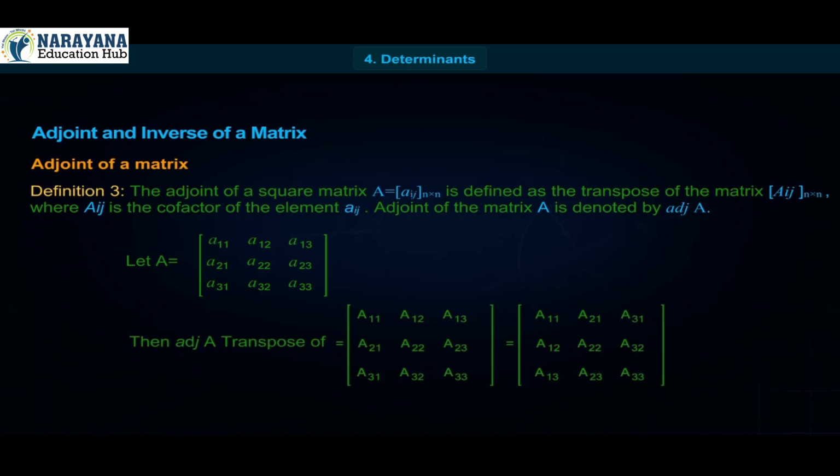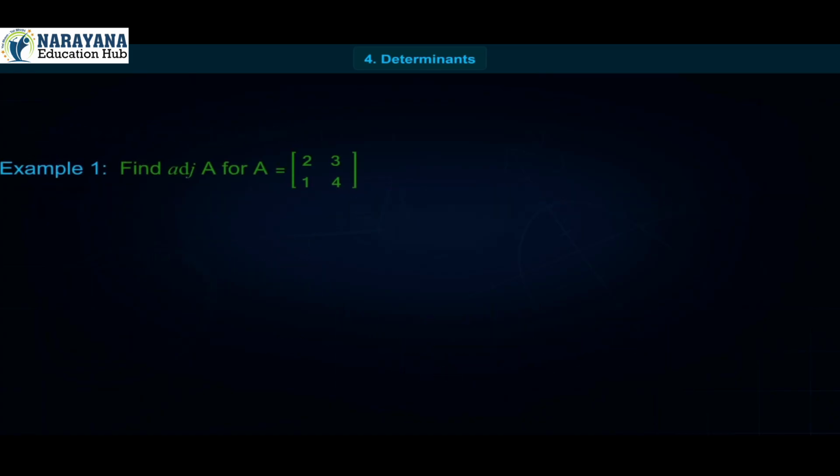Then adj A is equal to the transpose of matrix |A11, A12, A13; A21, A22, A23; A31, A32, A33|, which is equal to matrix |A11, A21, A31; A12, A22, A32; A13, A23, A33|. Example 1. Find adj A, where A is equal to matrix |2, 3; 1, 4|. Solution.